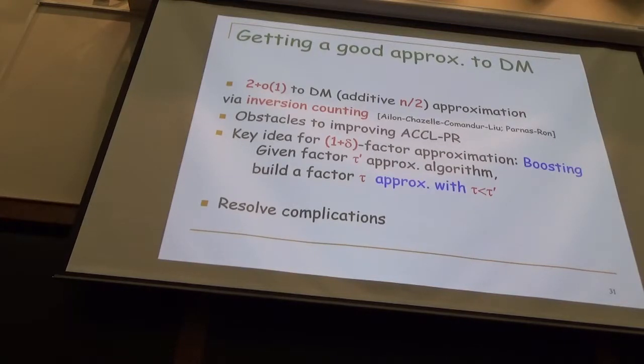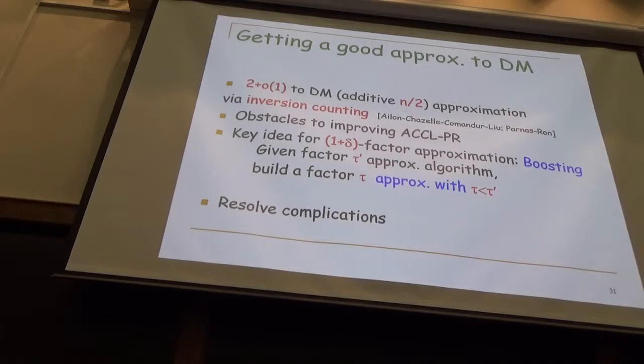So for distance to monotonicity, there is this one problem. If I'm trying to get a polylog algorithm, there is the needle in the haystack problem, which means finding something which is really a single thing that's hard to find. So if I have an array, and the distance to monotonicity is 1, that just means there's one inversion.